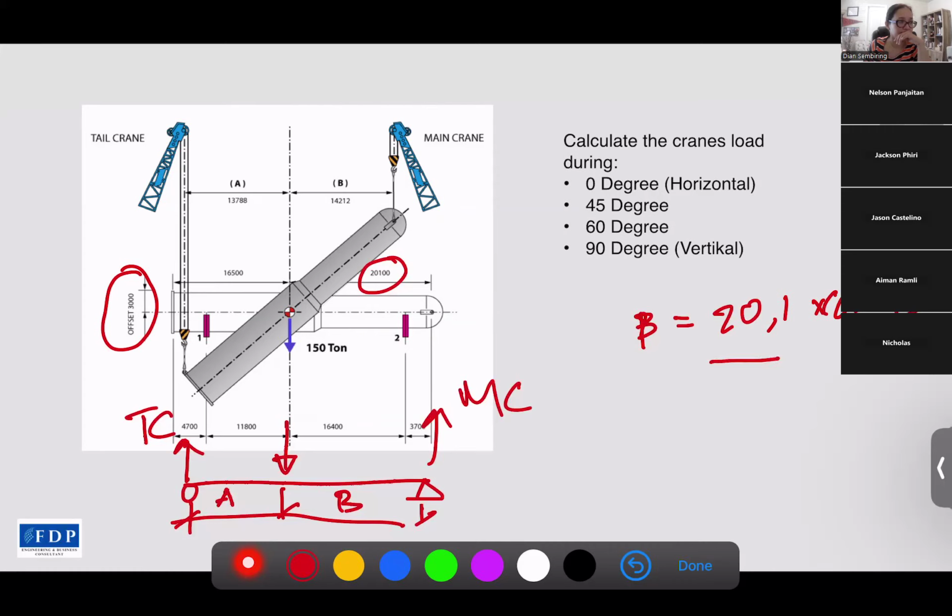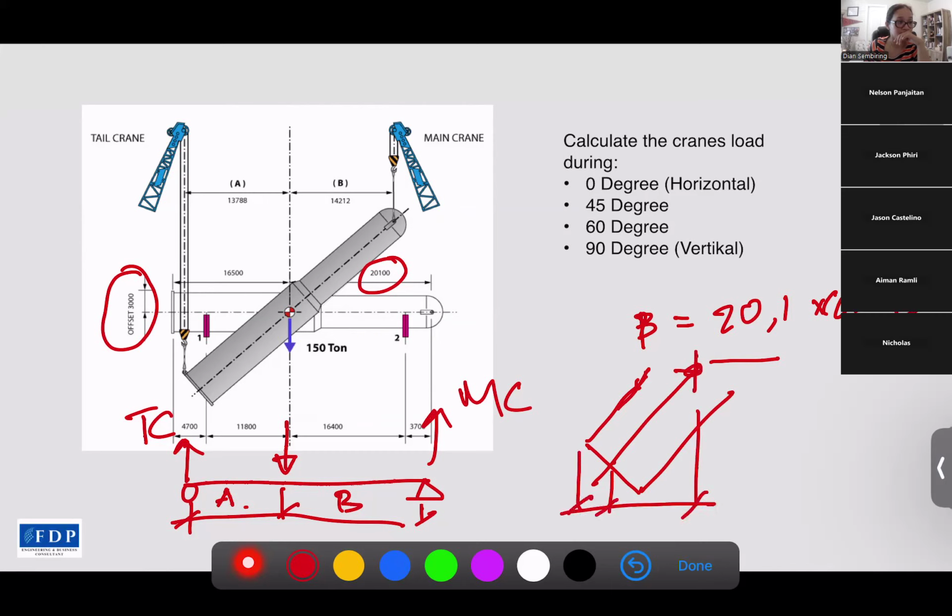But for A, there is the offset that should be considered. Let's say during 45 degrees, the COG is here.